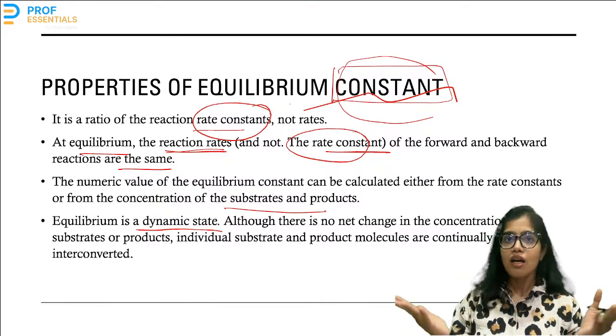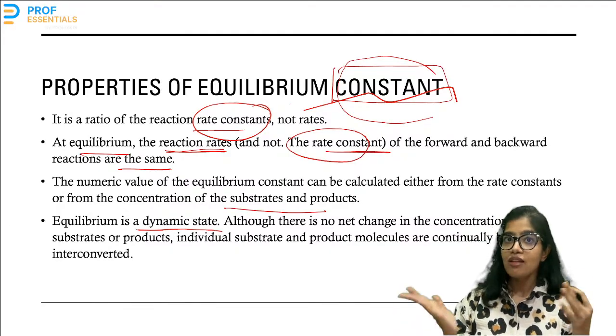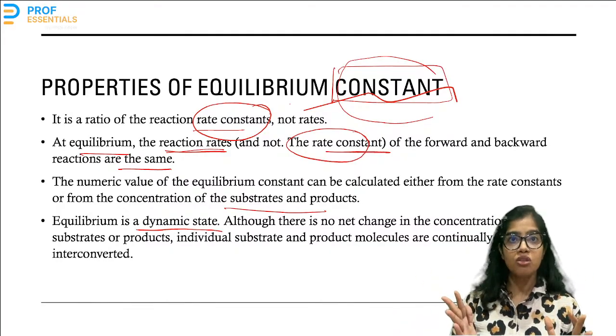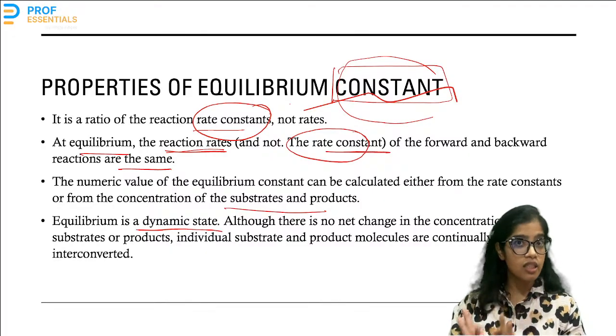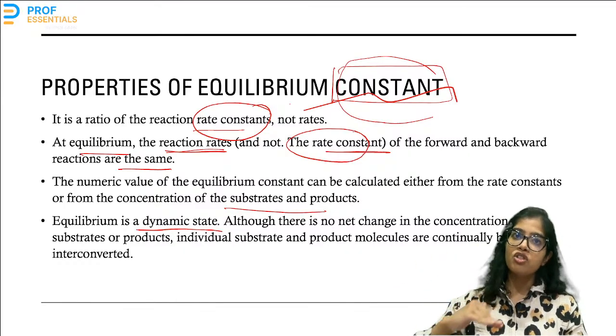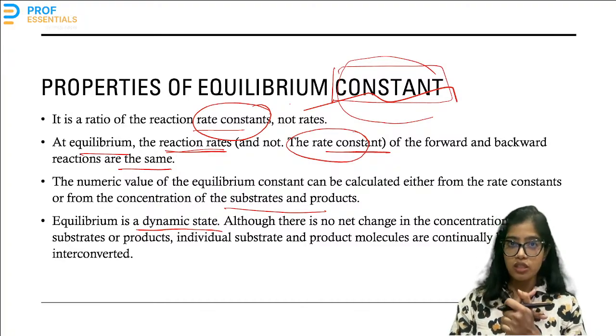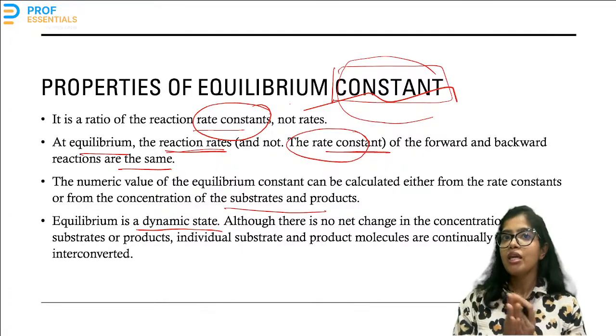It is analogous to the example of an evergreen tree, where the leaves are not the same throughout the year, but the tree is green throughout the year. So the tree is in equilibrium throughout the year, but the leaves keep on shedding and new leaves keep on growing, such that the tree is never bare or naked. So the tree is also in a state of dynamic equilibrium.